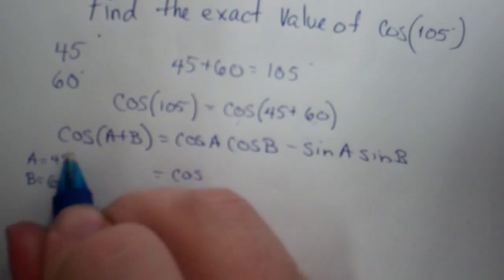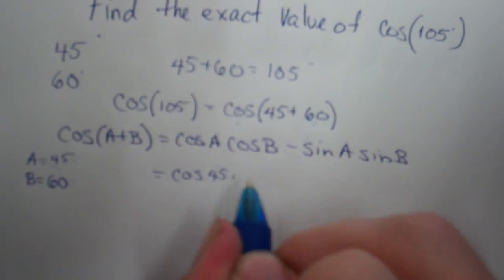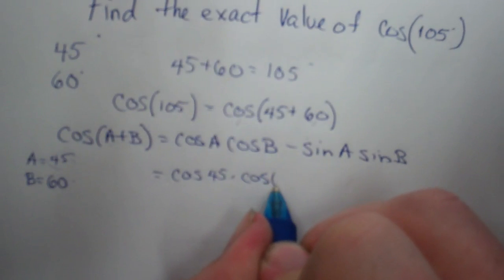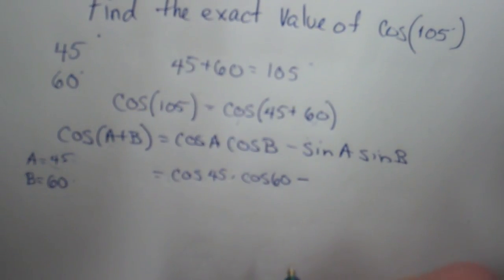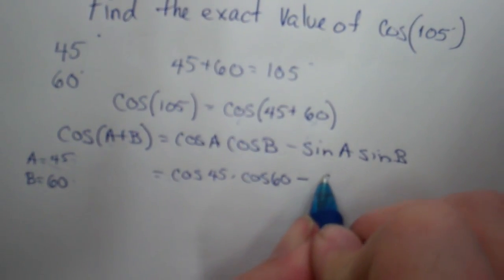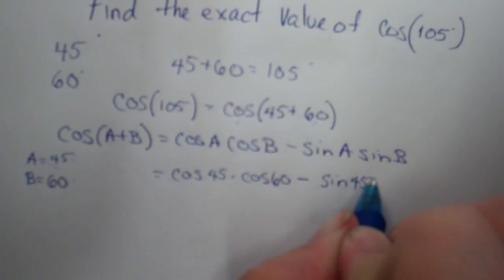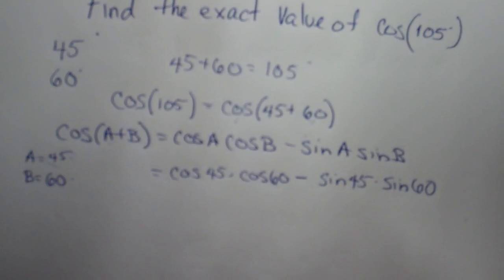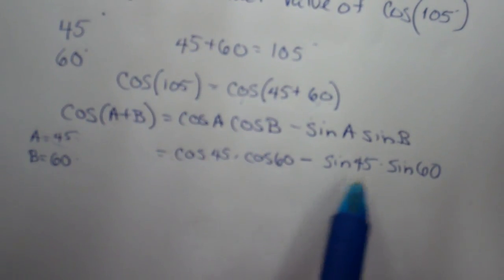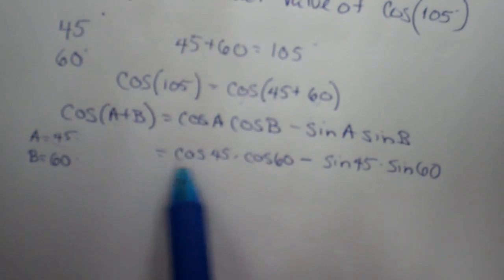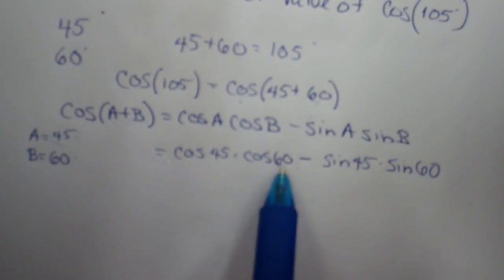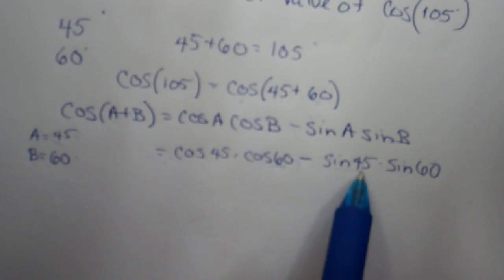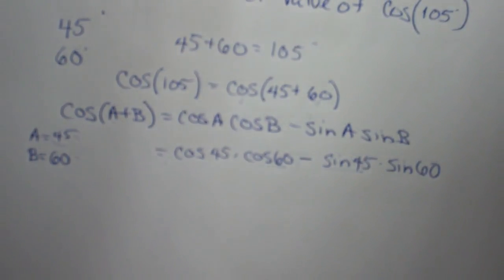So this is the cosine of 45 times the cosine of 60 minus the sine of 45 times the sine of 60. This is very nice because we know the exact values for the cosine of 45, the cosine of 60, the sine of 45, and the sine of 60.